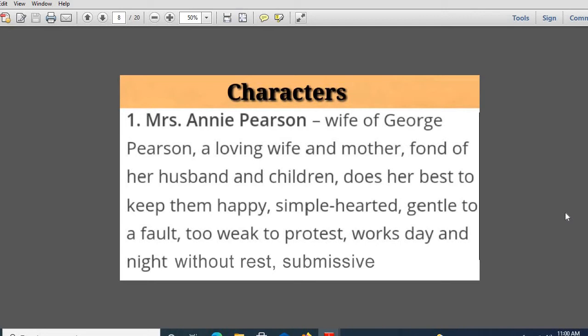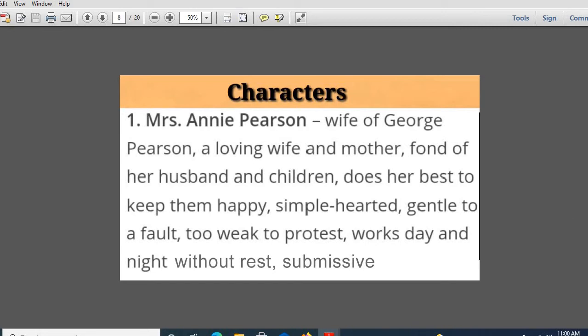In order to make them happy, she actually did what? She ruined her own happiness. She is meek, calm, simple hearted, docile. She works day and night without rest, and obviously she is very submissive in character. Submissive, or you can say docile, calm and quiet in her nature.